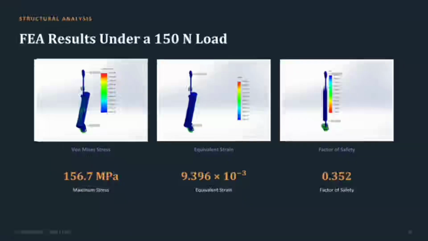This indicated localized yielding under the simplified concentrated load condition applied. It is important to note that in actual pump operation, the load is distributed uniformly along the inner barrel wall, which would result in a more favorable stress distribution.